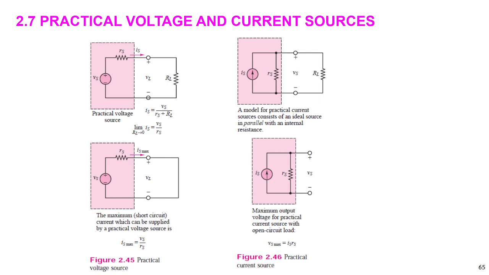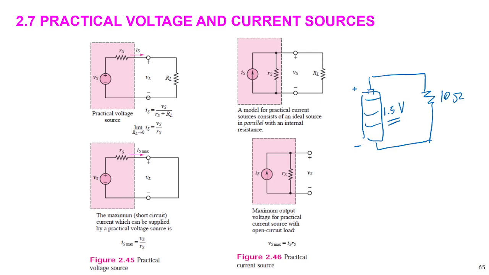For example, if you have a battery, plus, minus, connected with maybe 10 ohm, 1.5 volts, we calculate it as 1.5 volts.